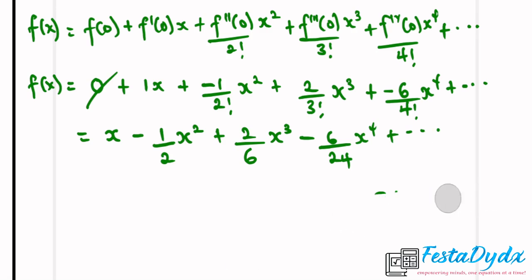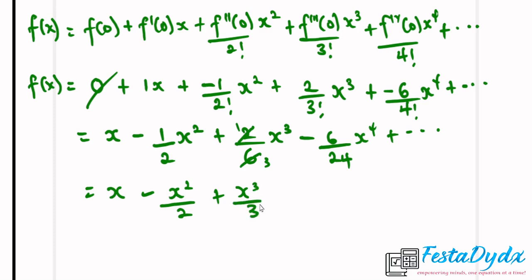So now we have to break it down to simplest form. So this is x minus x squared over 2, plus 2 over 6 gives 1 over 3, so x cubed over 3, and 6 over 24 gives 1 over 4, so minus x raised to the power 4 over 4 plus dot dot dot.